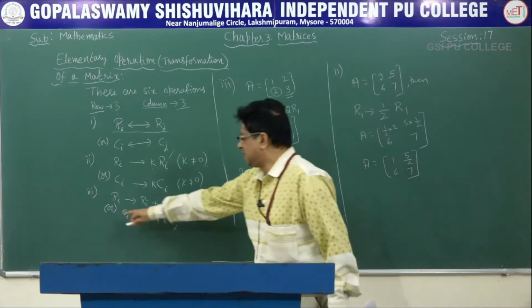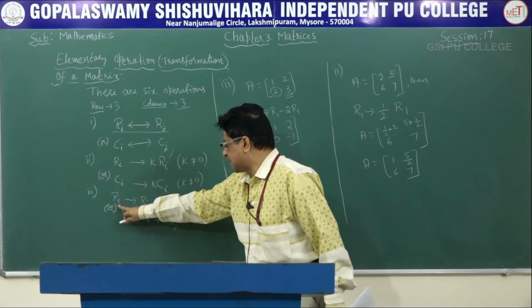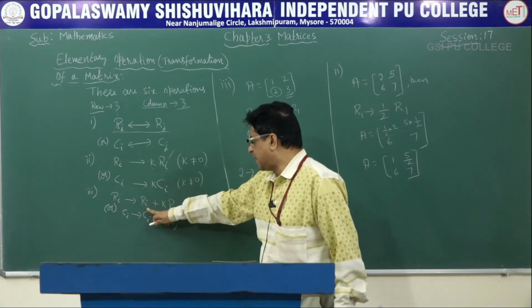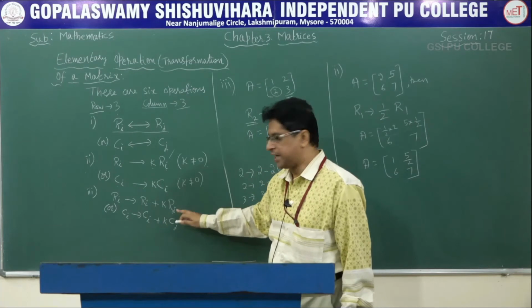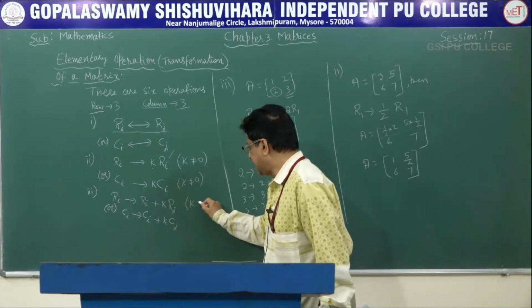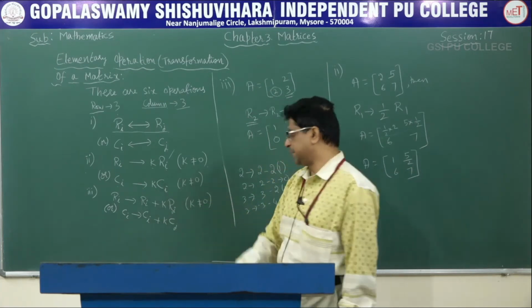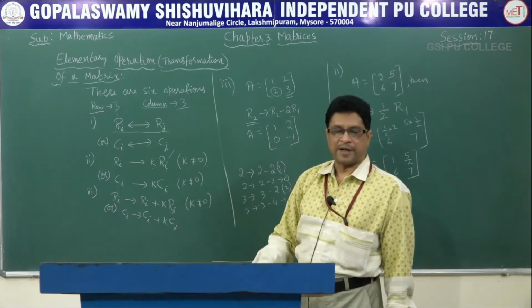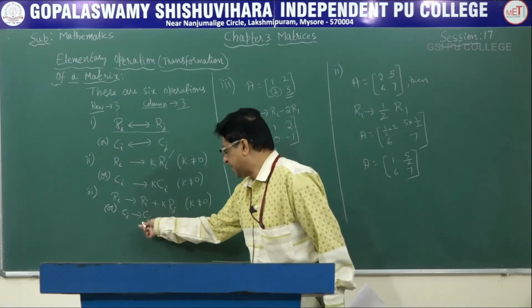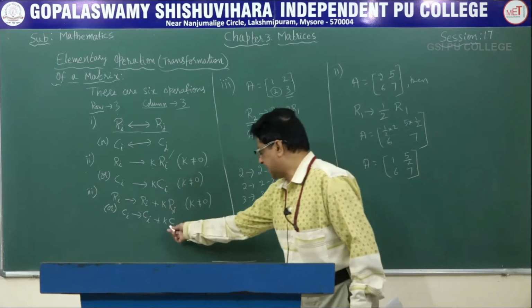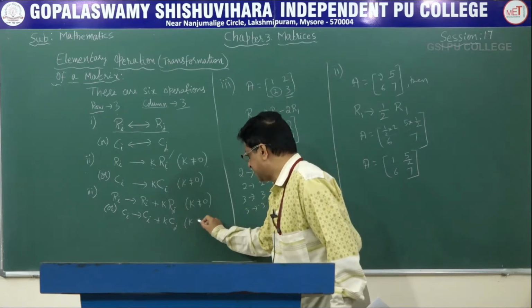In general, the third operation, that is Ri can be replaced by Ri plus K into Rj, provided that K is not equal to 0. If you do column operations, then Ci can be replaced by Ci plus K into Cj, provided K is not equal to 0.